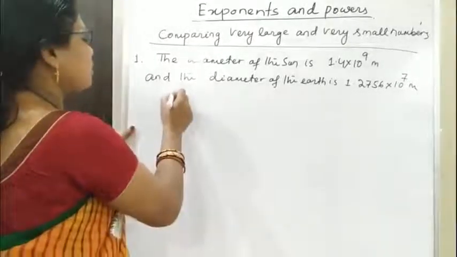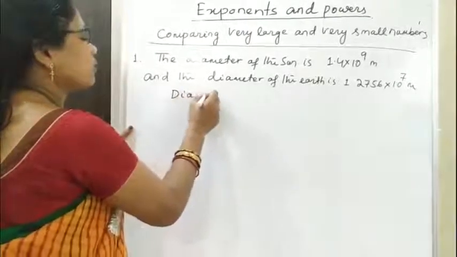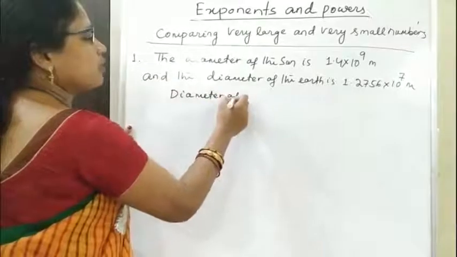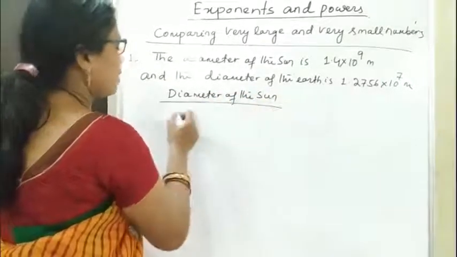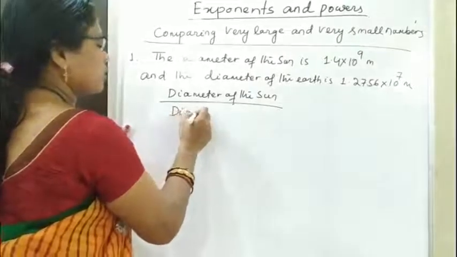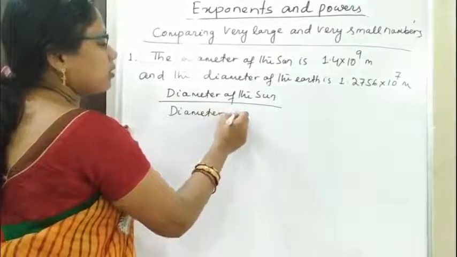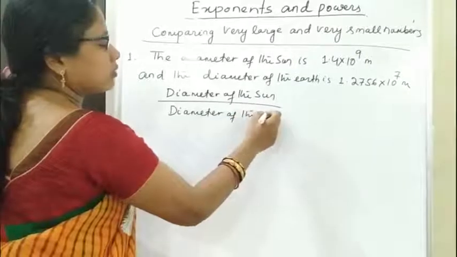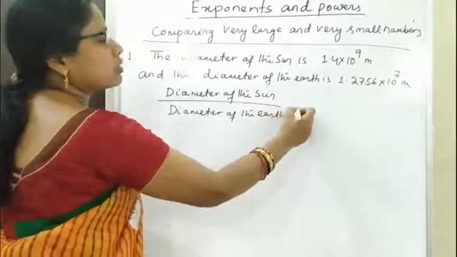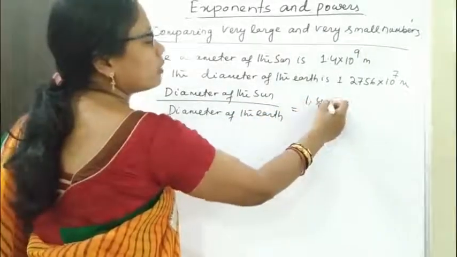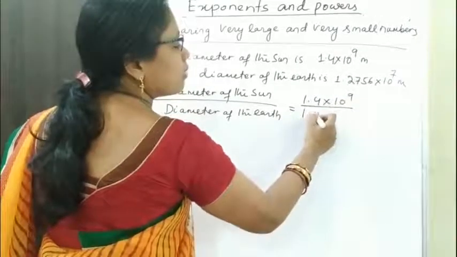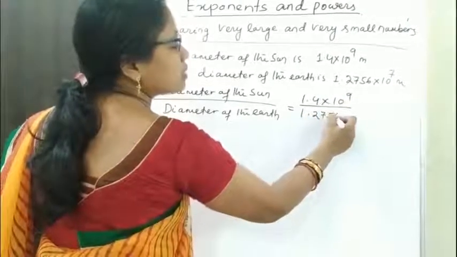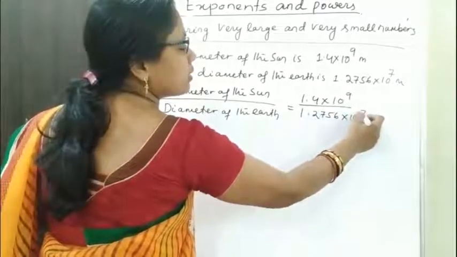So the diameter of the sun divided by the diameter of the earth is equal to 1.4 into 10 to the power 9 divided by 1.2756 into 10 to the power 7.